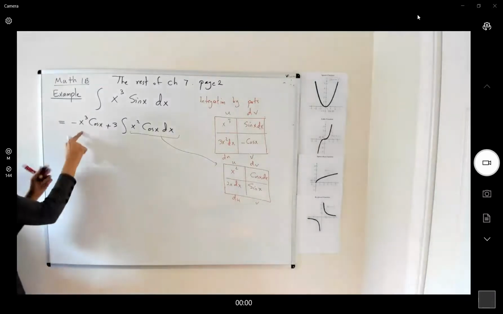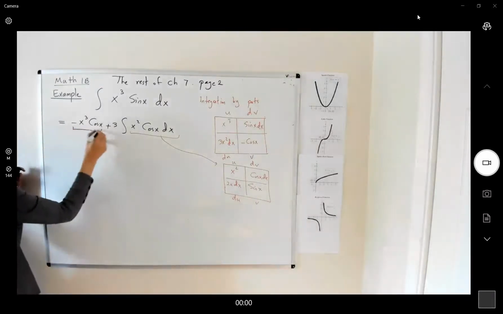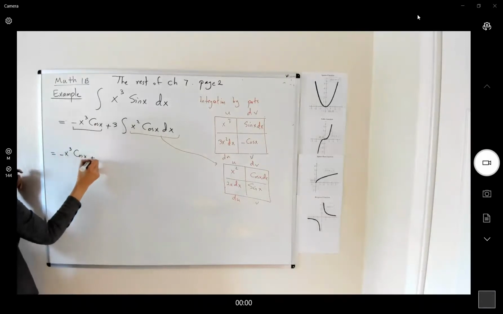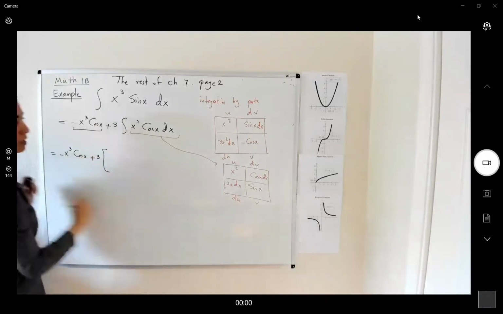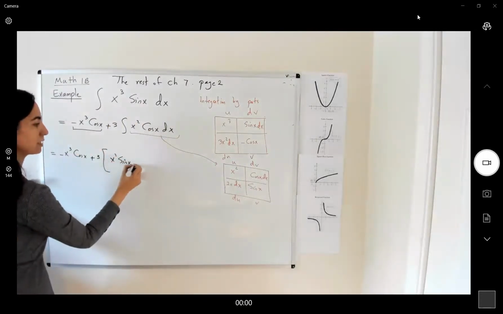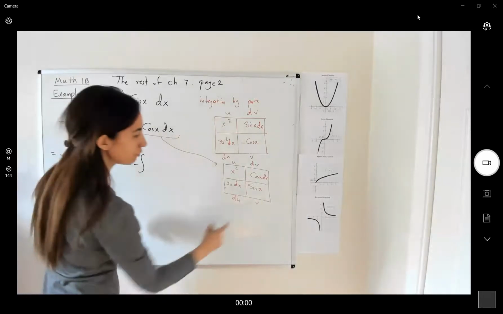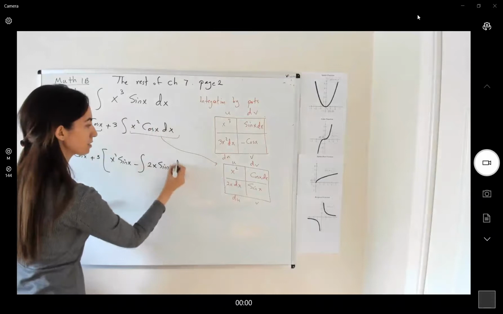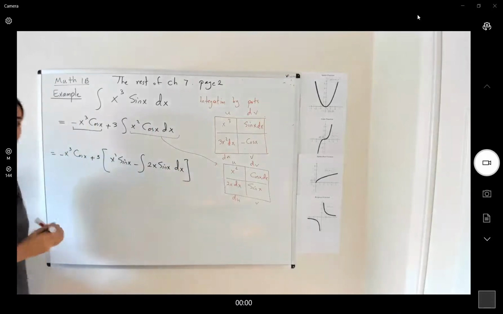Okay, so we have to copy down the first expression that we have here. This is minus x cubed cosine x plus 3 times uv, x squared sine x, minus the integral of v du, 2x sine x dx.